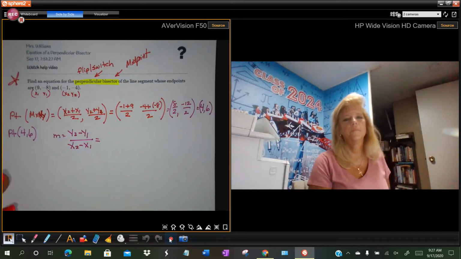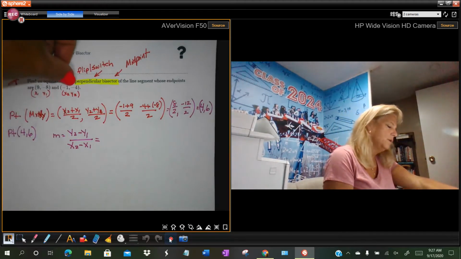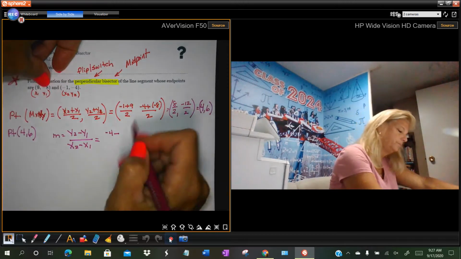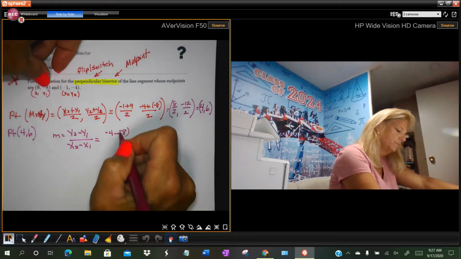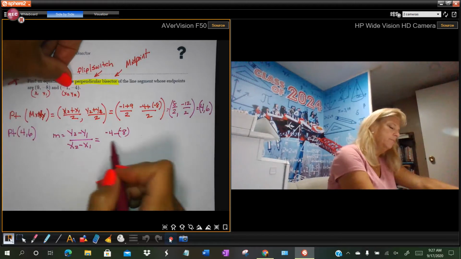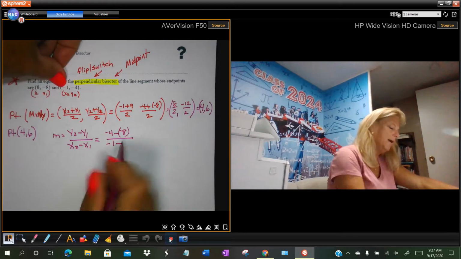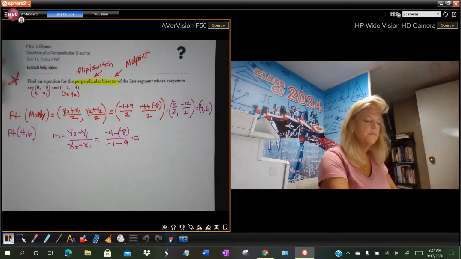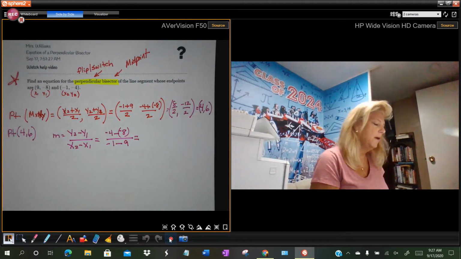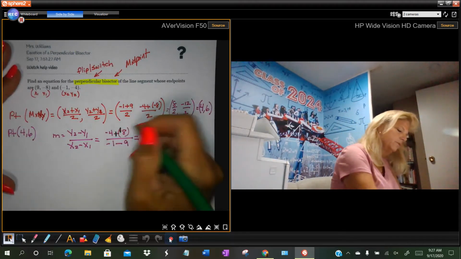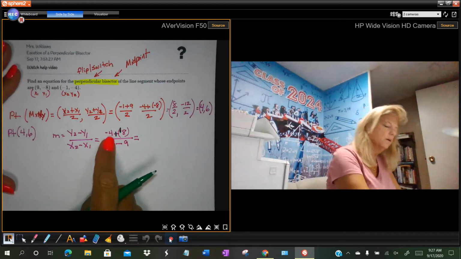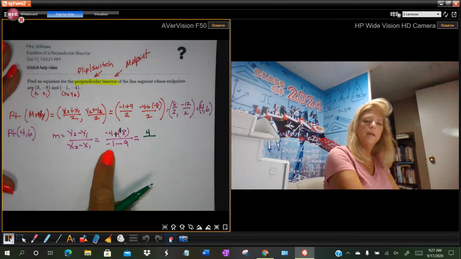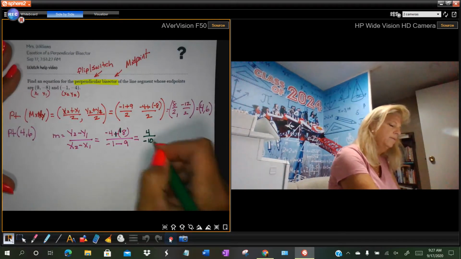So negative 4 minus negative 8, divided by negative 1 minus 9. Don't forget, 2 negatives become a positive. 8 minus 4 becomes 4. Negative 9 minus 1 is negative 10.